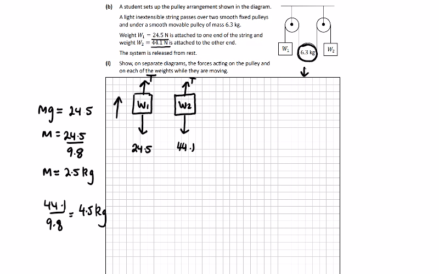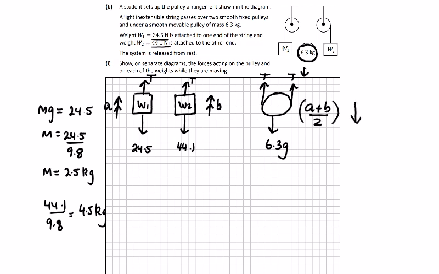So this one with an acceleration of A and this one with an acceleration of B. My 6.3 kilos is given to me in terms of kilos. I have two strings, so I'm going to have 6.3 G, and I'm going to have the average of the accelerations, A plus B over 2, as the acceleration going downwards. So I think that's enough.